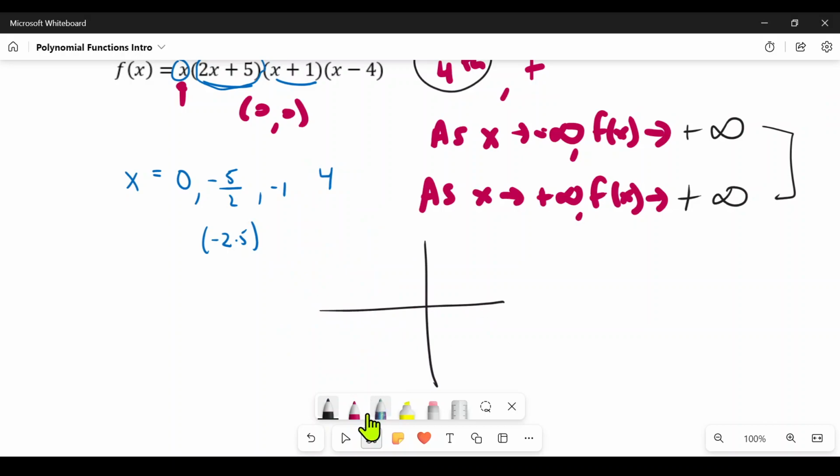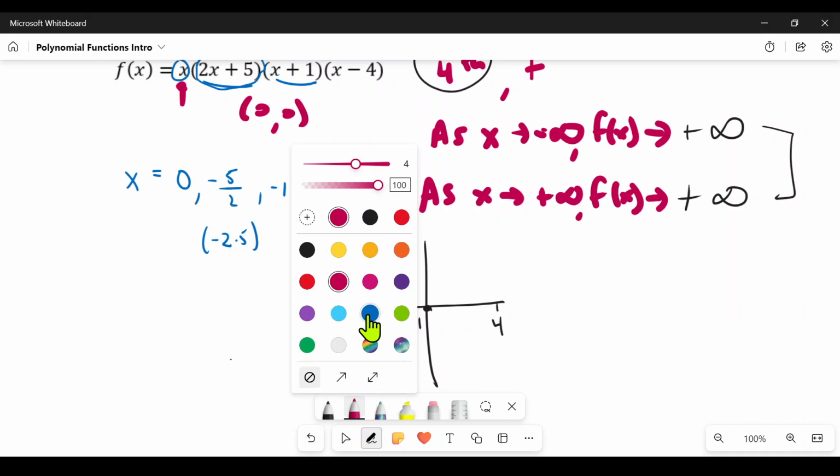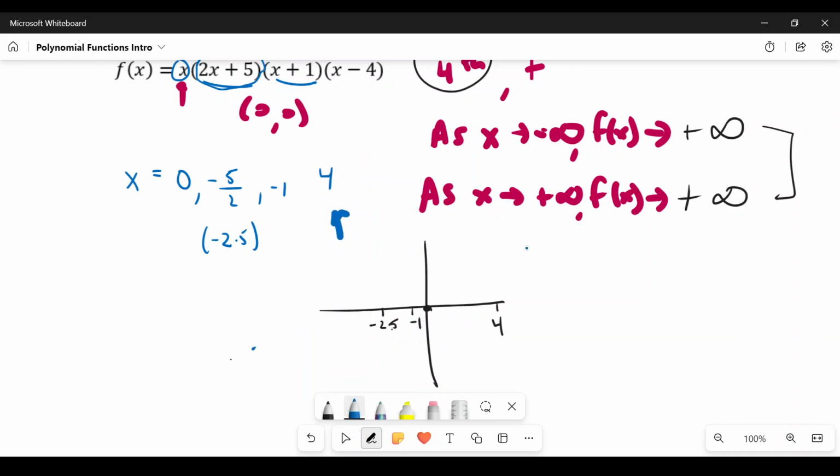So I have roots at 0, -2.5, -1, and 4. I know that the function goes up on both sides of the graph. And now I just have to sort of go through all of my roots.